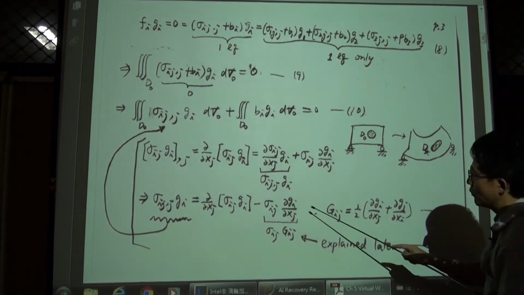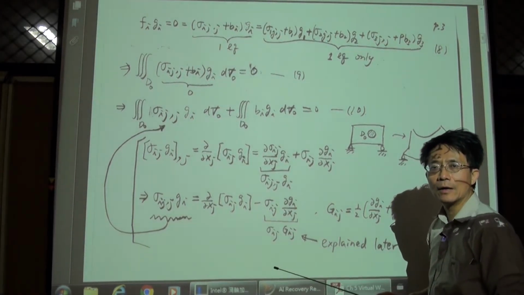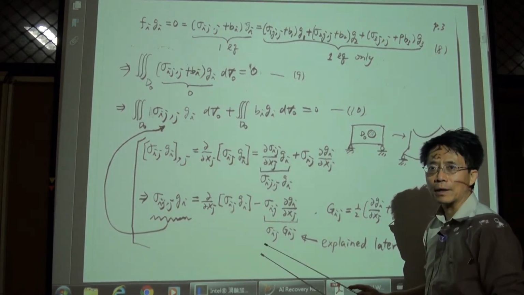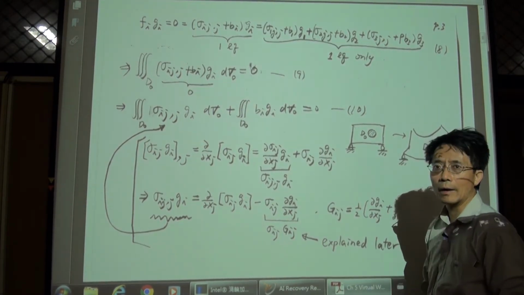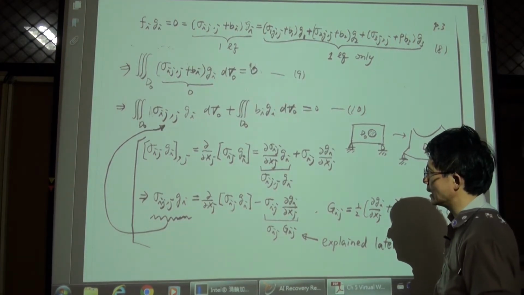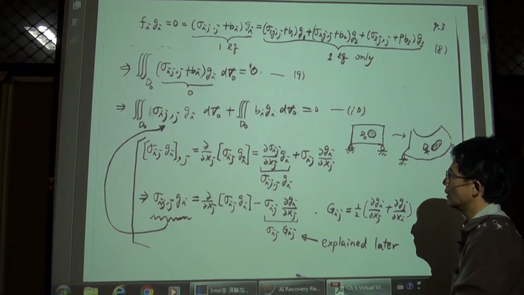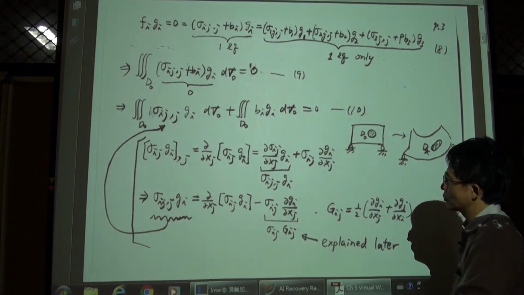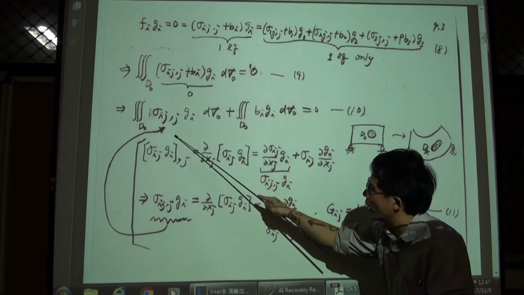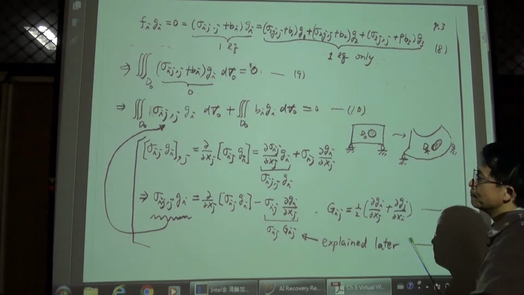From this step to this step will be explained later. So far we just take it for granted because I don't want to interrupt your idea. We will come back to this part later. So with this, we can replace this term by this term and this term. Understand?